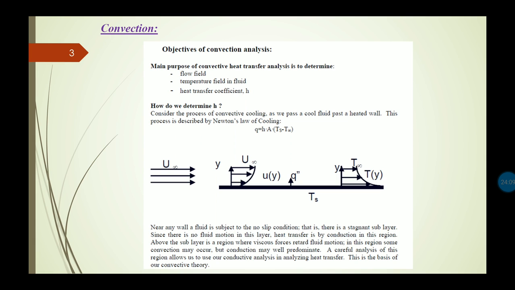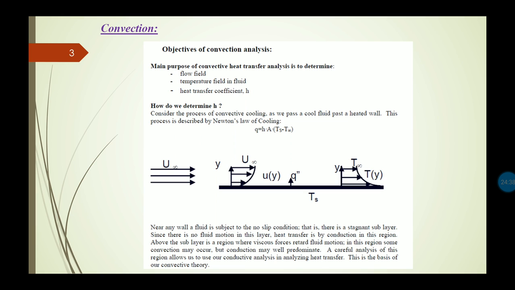So what are the objectives of convection analysis? The main purpose of convective heat transfer analysis is to determine the flow field, the temperature field in the fluid, and the heat transfer coefficient, that is small h.